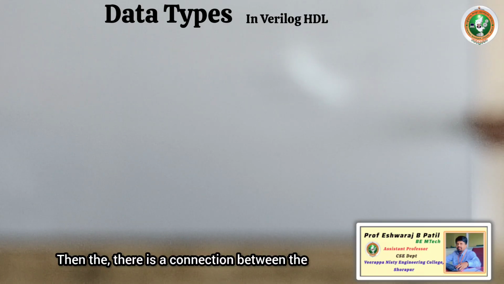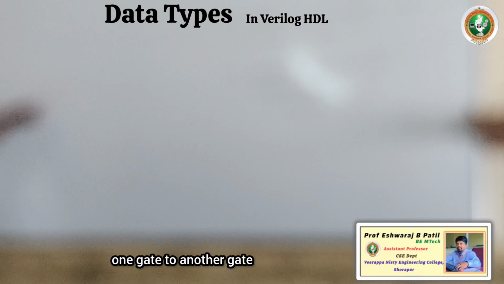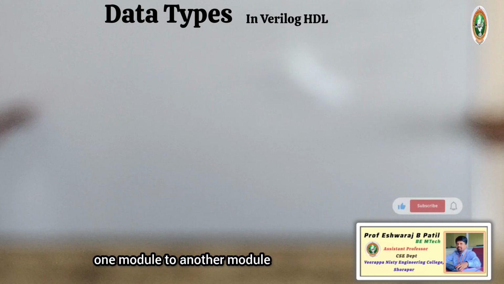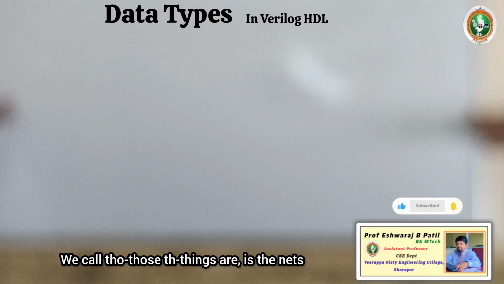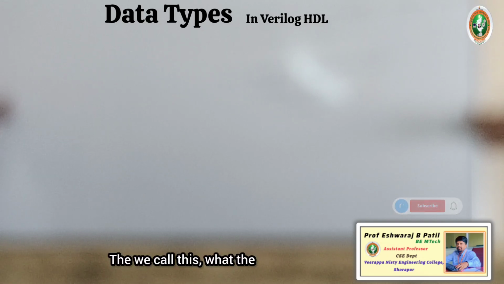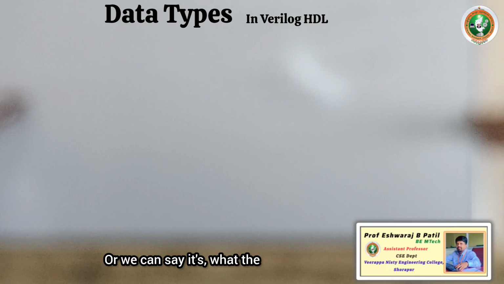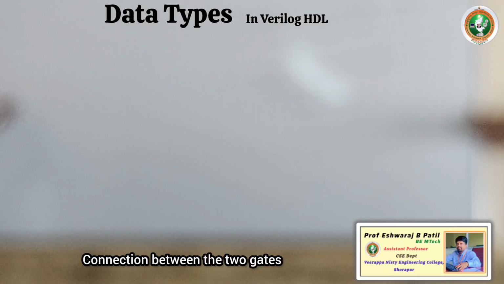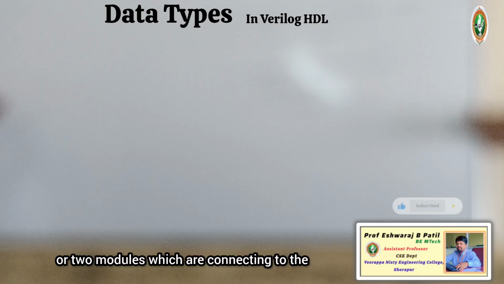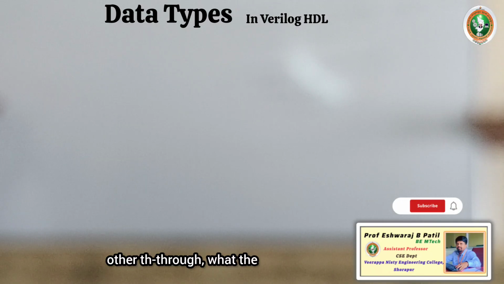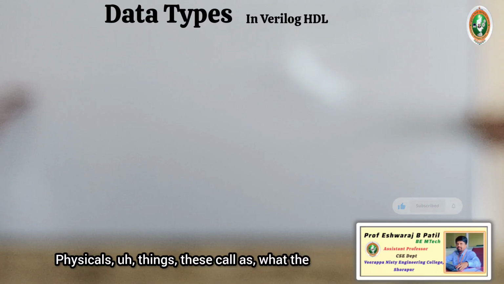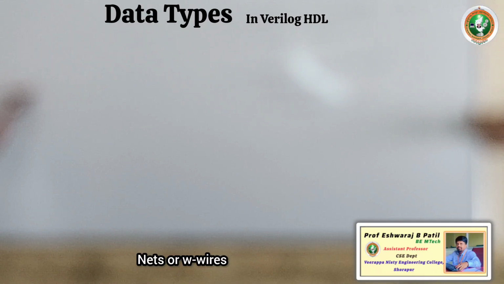Then there is a connection between one gate to another gate, one module to another module. We call those things the nets. We call this the nets, or we can say it's the wire also. The connection between two gates or two modules, which are connected together through physical things, are called nets or wires.